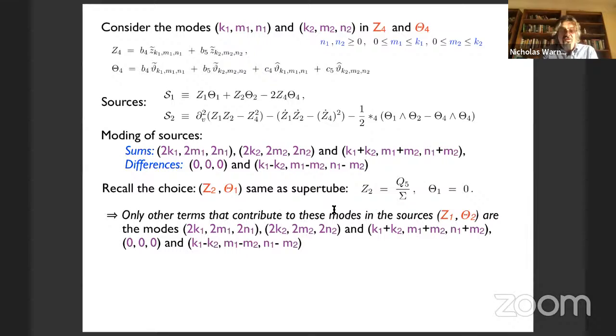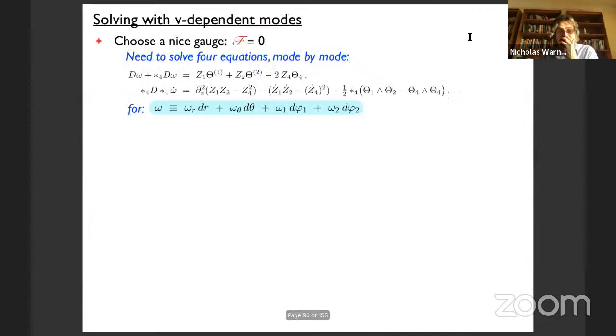So all you have to do is look at all the possible mode contributions to sources that match these. It's just a tedious case of figuring out where all these two-mode interactions occur. You only have to consider two modes at a time, and you look at all the possible ways they can combine to produce something interesting, remembering these constraints.